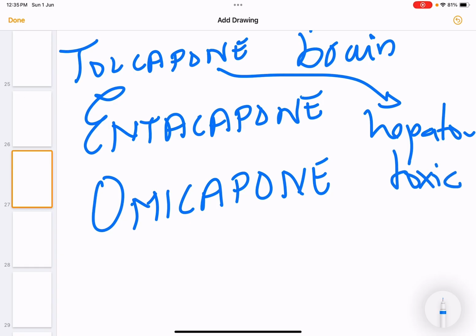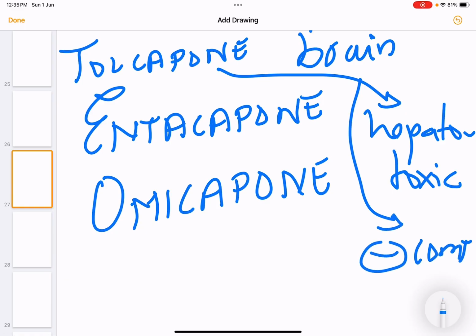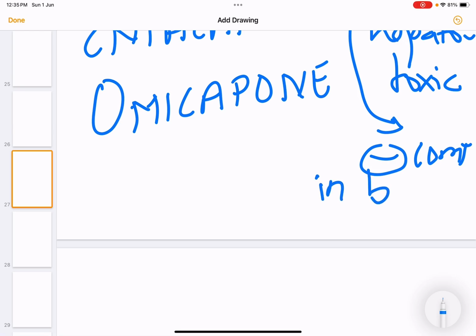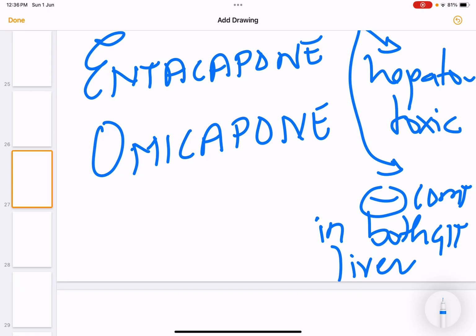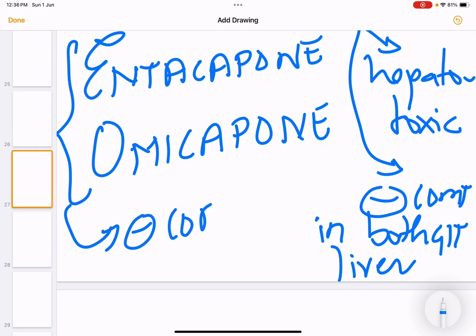Tolcapone inhibits COMT in both GIT and liver. It helps in prolonging the on phase and minimizing the off phase, and since it acts in GIT also, it improves the bioavailability of levodopa. Entacapone and opicapone inhibit COMT in GIT only.